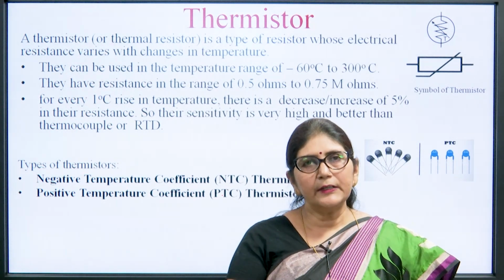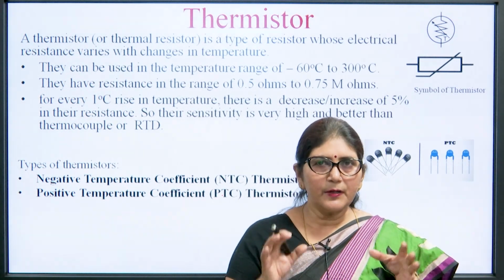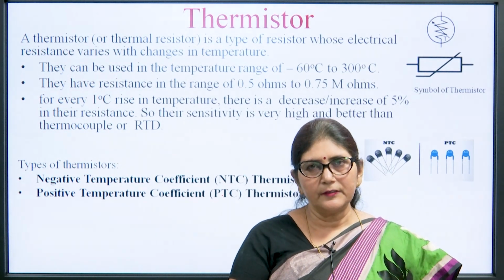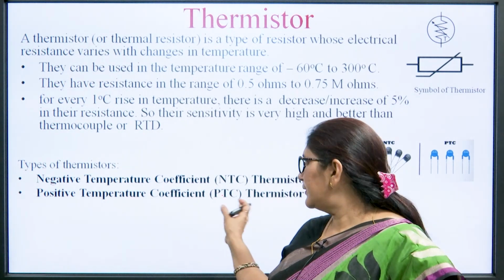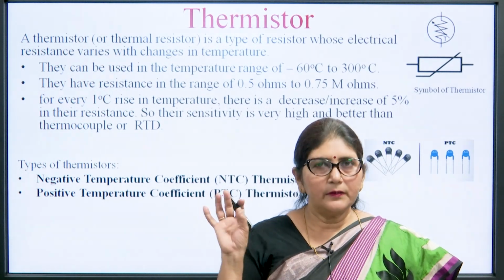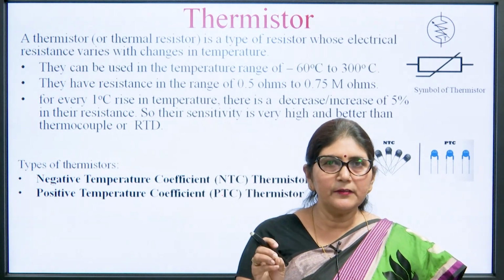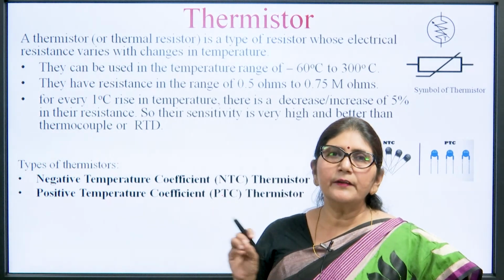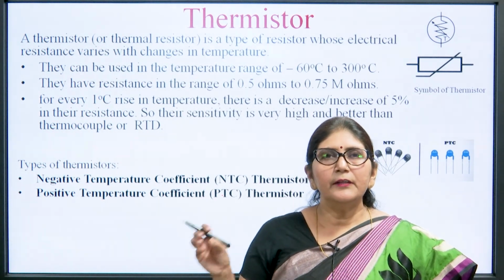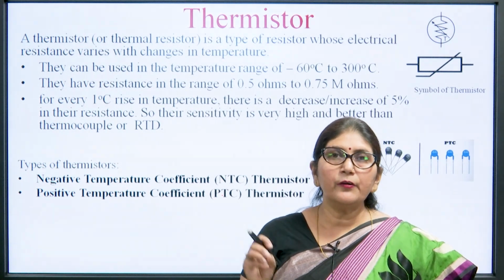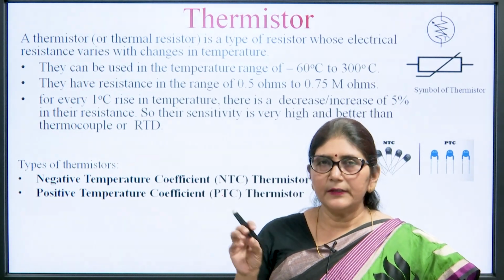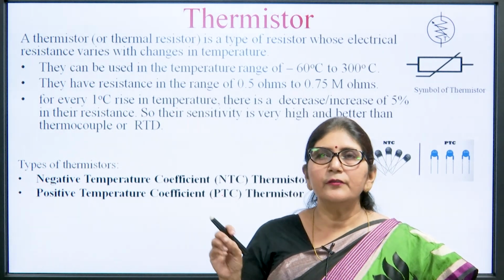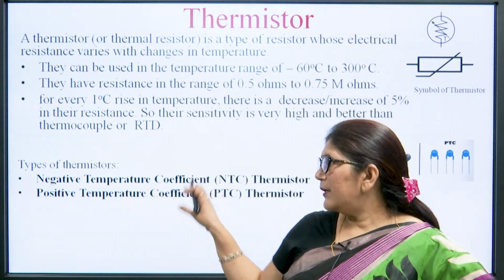So, the change in temperature can be detected by the change in conduction, or we can say the change in resistance. Similarly, a positive temperature coefficient thermistor has the property that when temperature increases, its resistance also increases. In a conductor, if temperature increases, the collision of electrons increases, and because of that the resistance increases and conductivity reduces. So, these are the 2 types of thermistors.